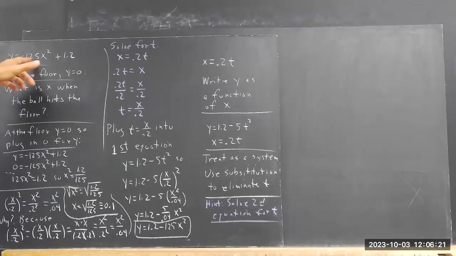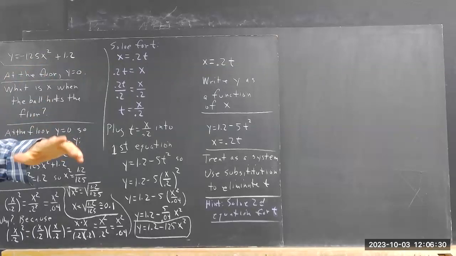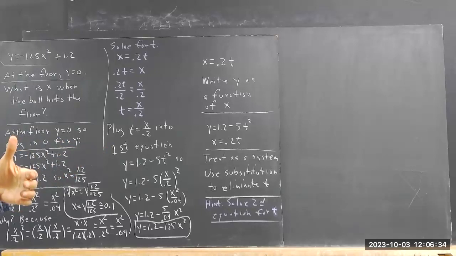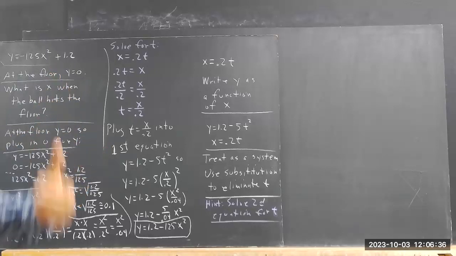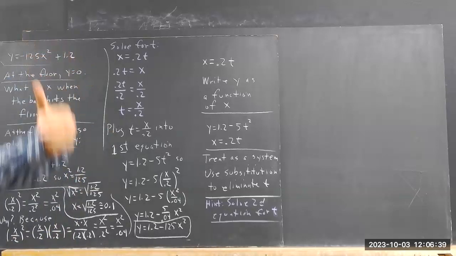There are other questions we could ask about this one. We could ask, what is x, which is how far the thing is going in this direction, horizontally, when y is 0.6. If y is 0.6, then we're halfway to the floor.